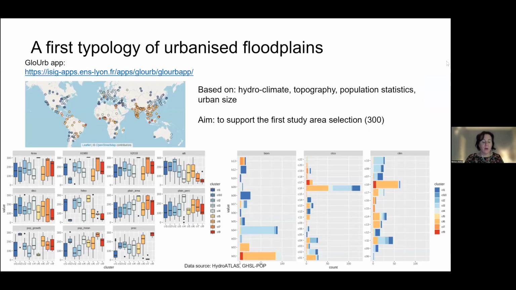And therefore, the first result we've obtained is that we wanted to characterize the municipalities or agglomerations which are in floodplains. From general data, climatic, topographic, and demographic statistics and urban size, we selected the first 300 sites, and we organized them as sets of cities.